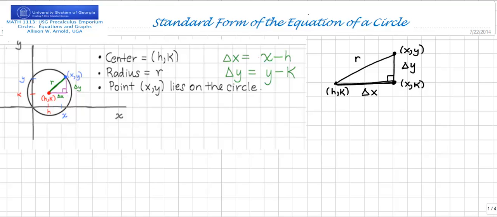And you can notice I've made the statement that the change in x is x coordinate minus x coordinate here, and the change in y is corresponding y coordinate subtracted.